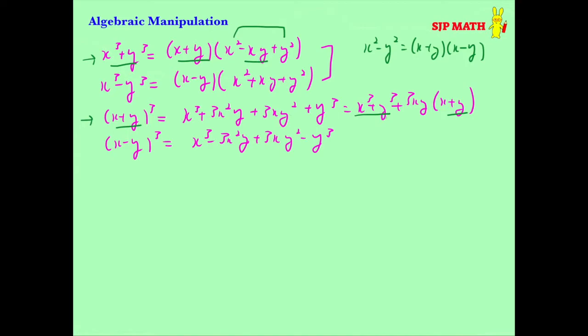But this one has less variety of expressions. Here, if we know the sum of the two numbers and the sum of their cubes, we can straight away find the product of those two numbers from this. It's similar to this one, but it relates fewer expressions together.